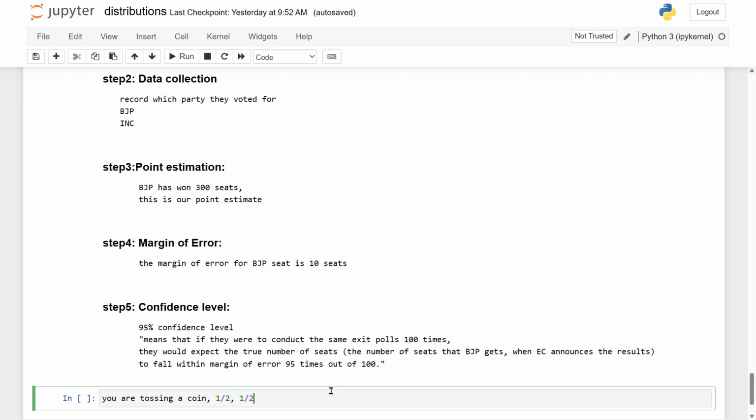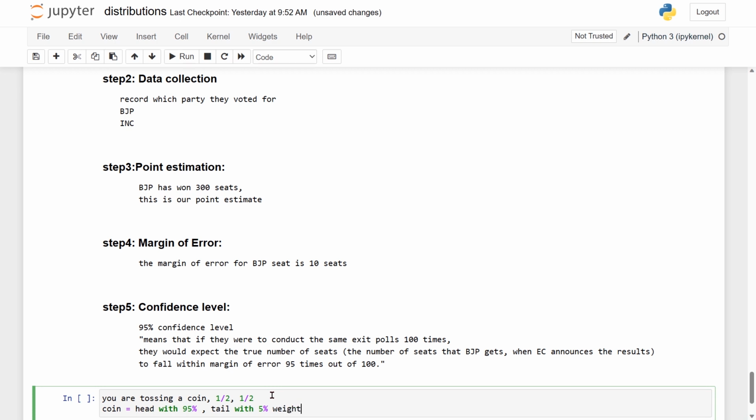But here, let's take that you have made a biased coin, say heads with 95 percent weight and tails with 5 percent weight.